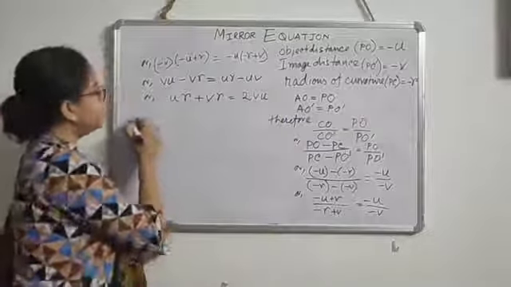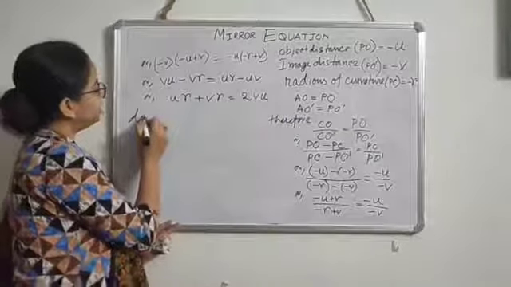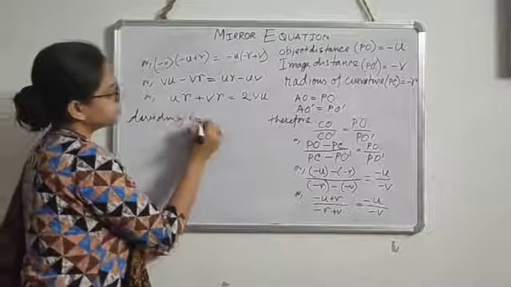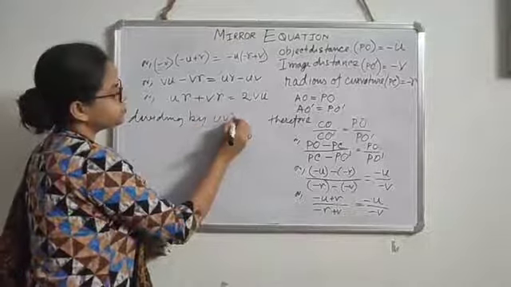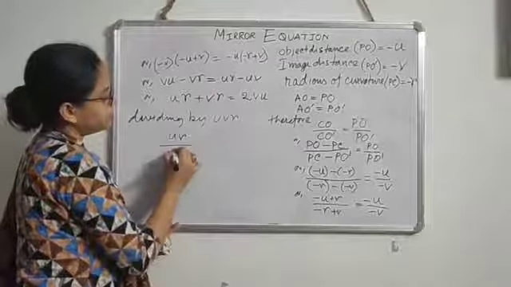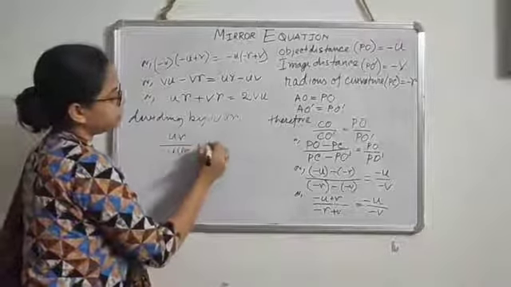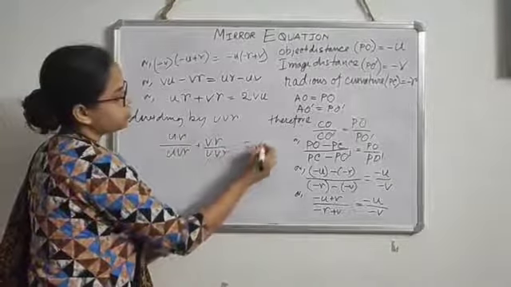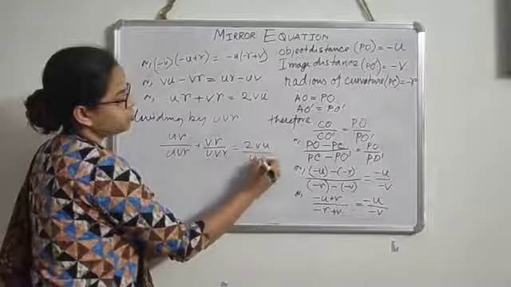Okay. Dividing both sides with UVR, we get UR divided by UVR plus VR divided by UVR equals to 2VU divided by UVR.